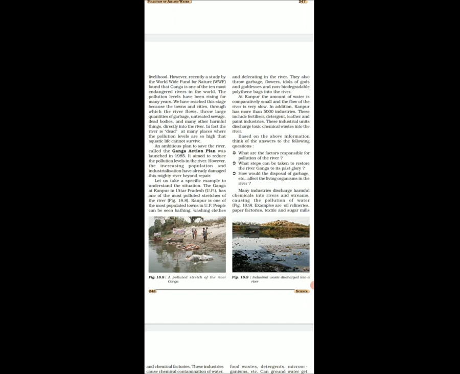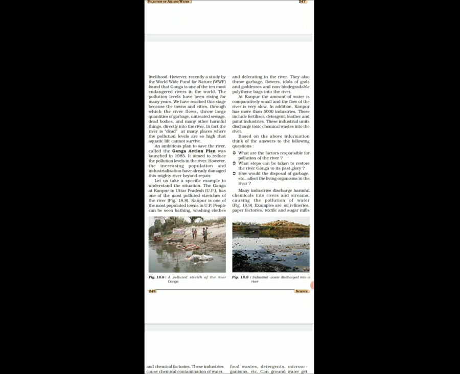Based on the above information, think of the answer to the following questions. What are the factors responsible for pollution of the river? What steps can be taken to restore the river Ganga to its past glory? How would the disposal of garbage, etc., affect the living organisms in the river?